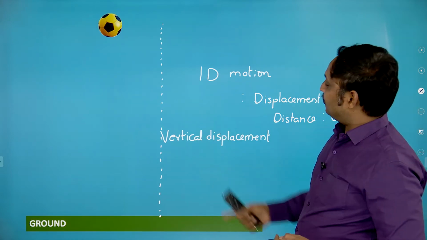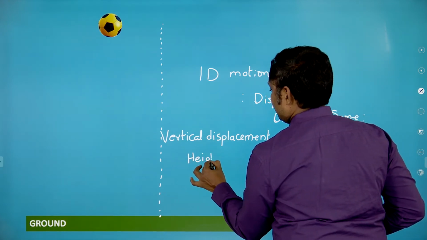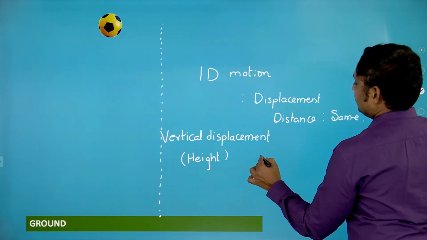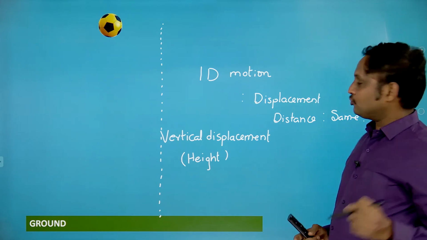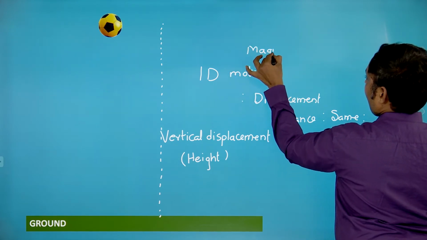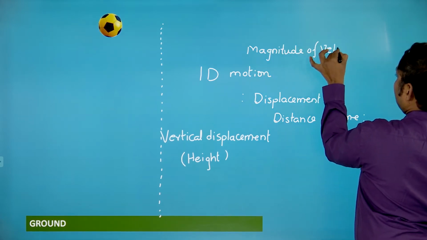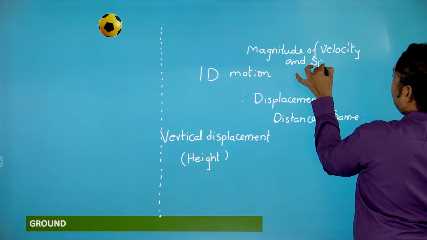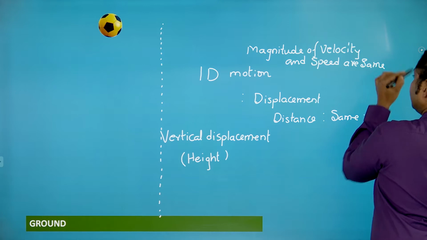It is nothing but 1D motion, it's going to be the height. Very clear. So we can consider that the magnitude of velocity and the magnitude of speed are the same. Velocity and speed are the same.